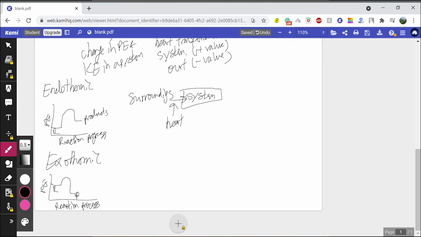So in an exothermic reaction, the heat will be moving from the system out into the surroundings. The heat will be moving from the system out into the surroundings.